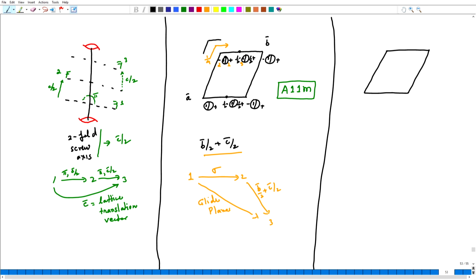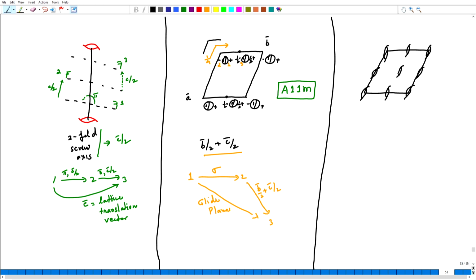and add a screw axis instead of a two-fold axis. And in the center also there will be a screw axis.